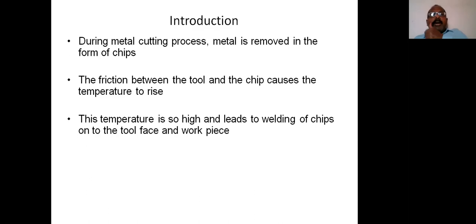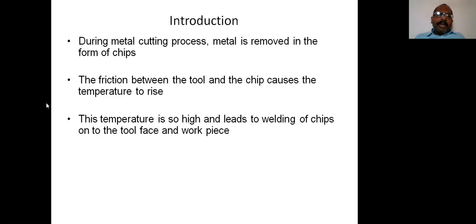Because of that, what happened? The life of the work holding tool also decreases.